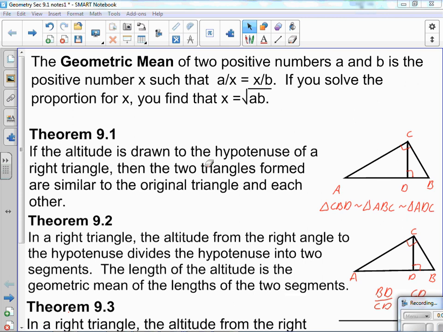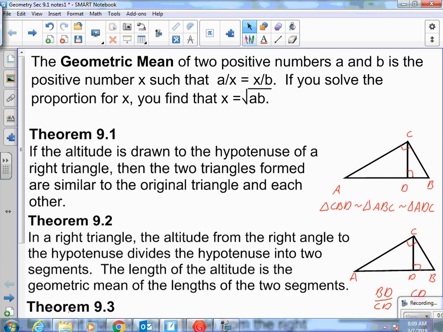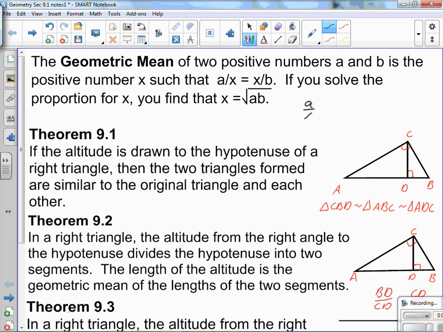So if we work that out as a proportion, a over x equals x over b. Then you cross multiply, you get x squared equals ab, and to solve for x, then you take the square root of both sides, right? So x is equal to the square root of ab is what it's saying right here.